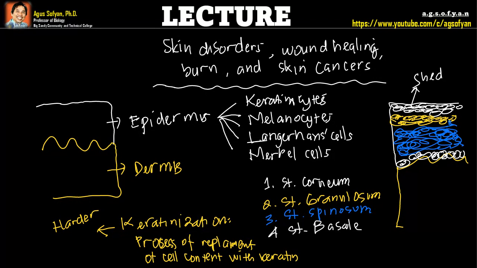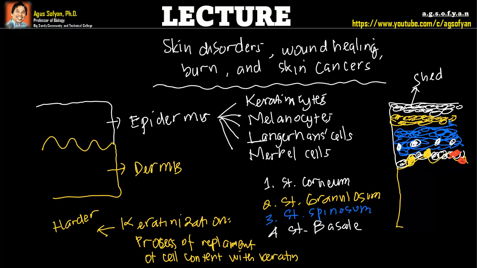This layer mostly consists of keratinocytes. There will be some melanocytes, mostly in the stratum basale. There will also be some Langerhans cells somewhere in the epidermis to fight infection. And the Merkel cells will also be close to the stratum basale.